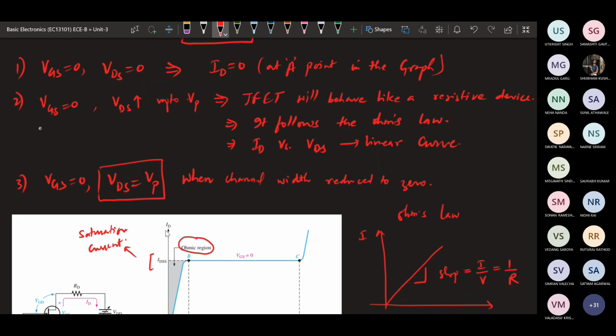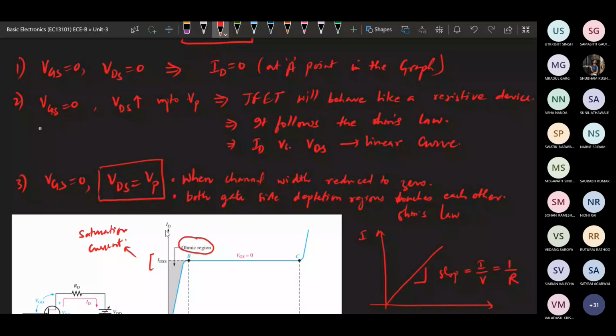Or also we can put it like the depletion regions on both gate sides touch each other.